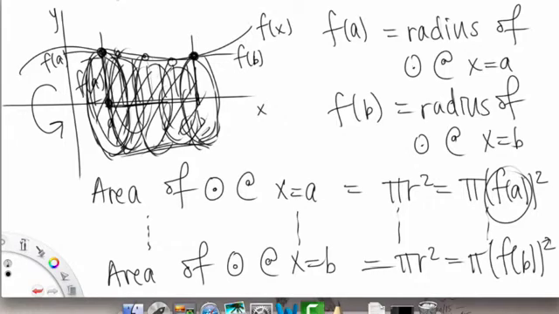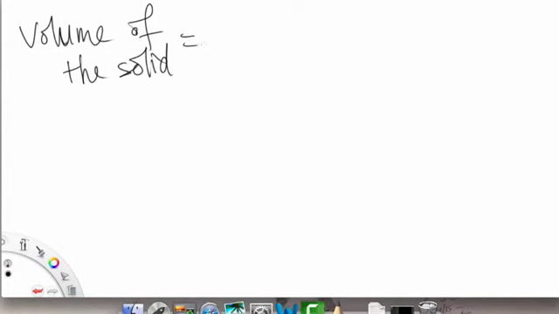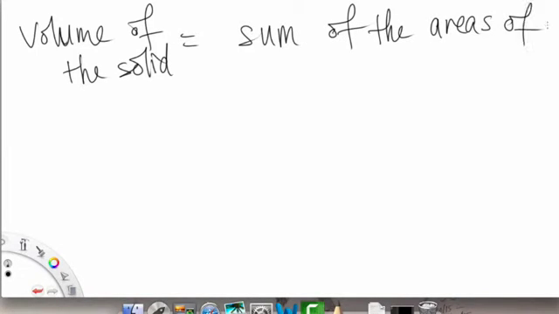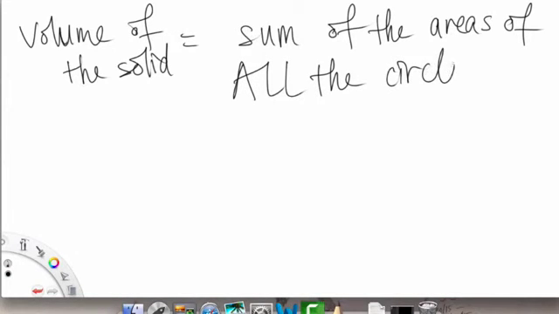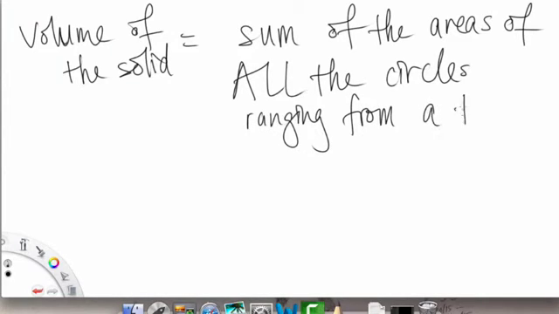So formulaically, we have the volume of the solid is equal to the sum of the areas of all, this is important, of all the circles ranging from x equals A to x equals B. So basically we take a general formula.